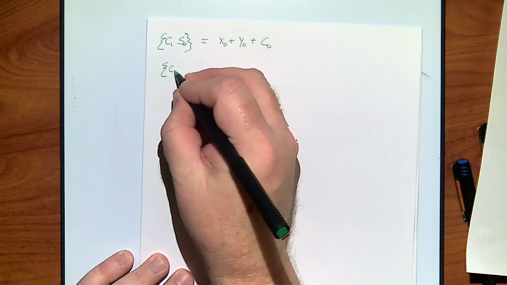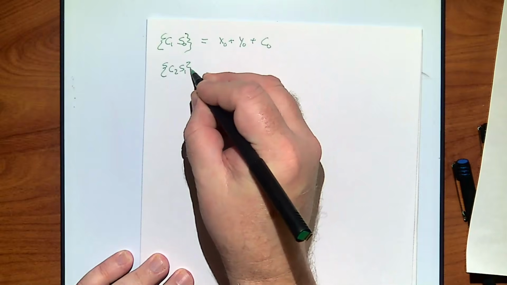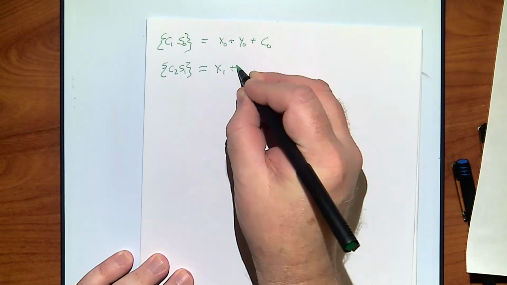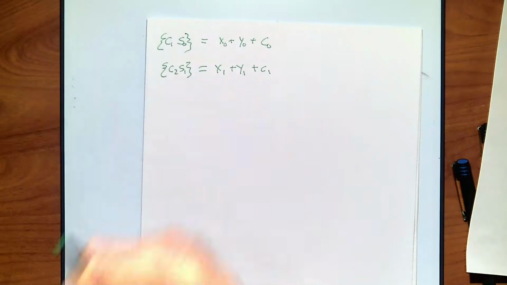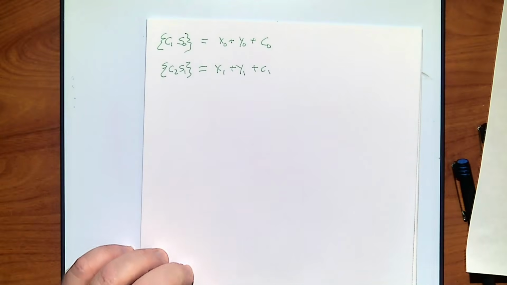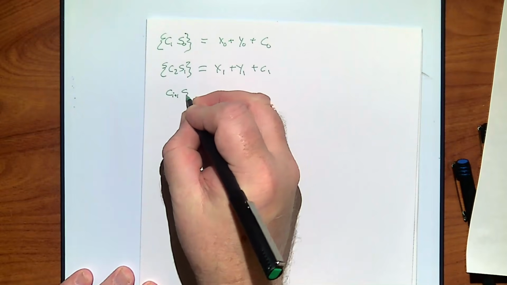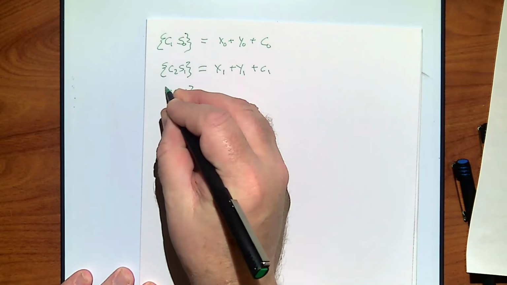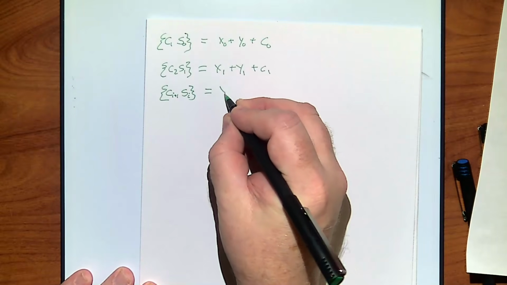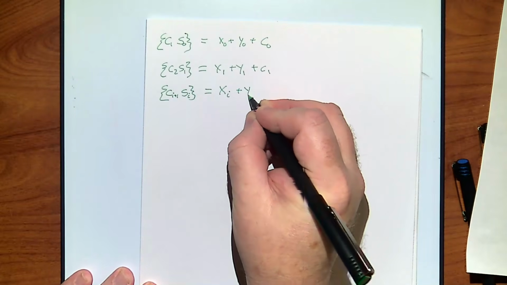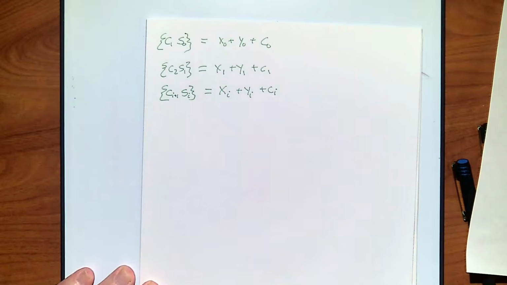So carry 2 sum 1 is equal to x1 plus y1 plus carry 1, and so on. But that plus is really addition. So in general, I could say c(i+1) s(i) is equal to xi plus yi plus ci. Do we agree that's a step of this? So I'm just keeping this in mind when I'm building them.